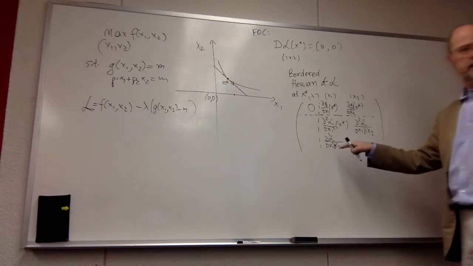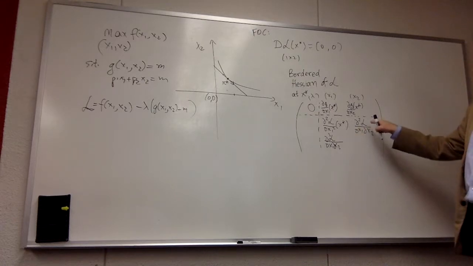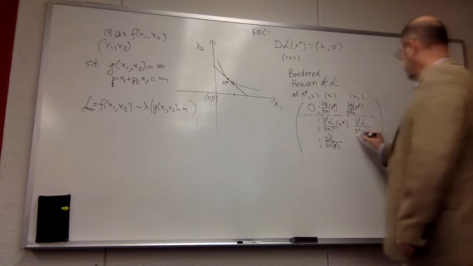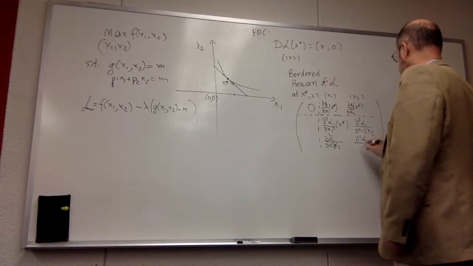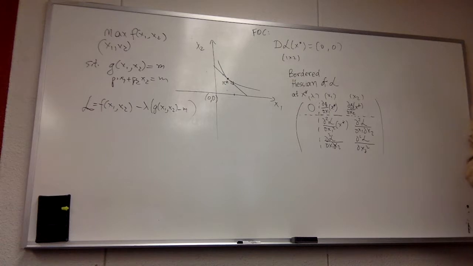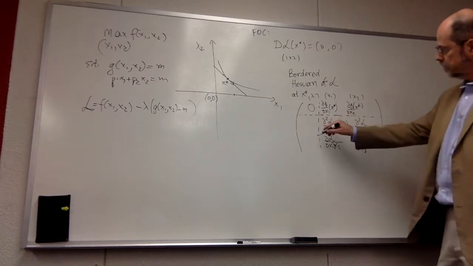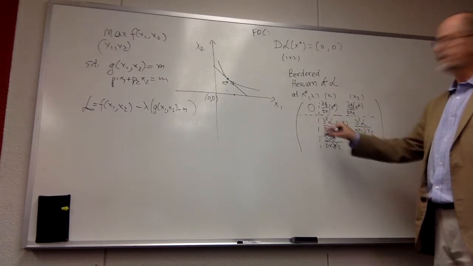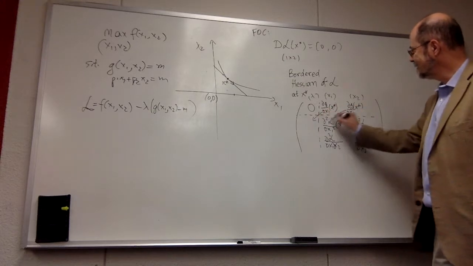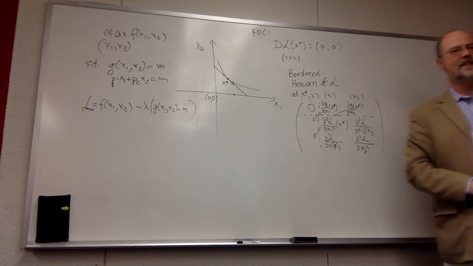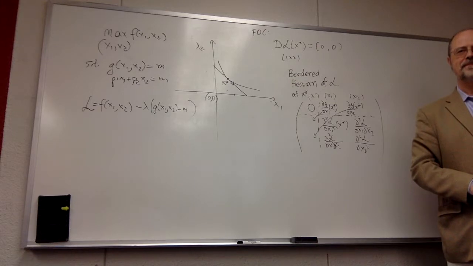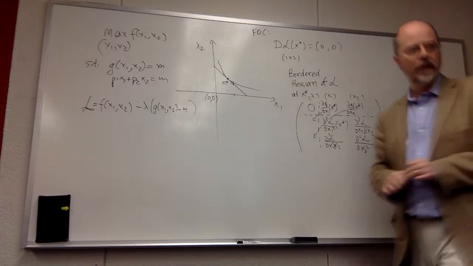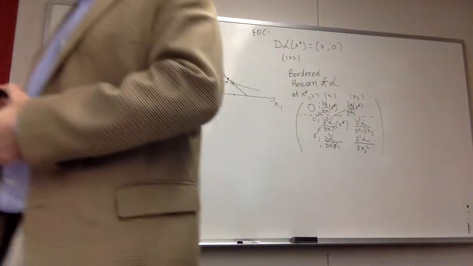Remember, the order doesn't matter here because this is equal to that. And this. All right? But I'm missing something. What am I going to put here? Well, that's very easy. Just put this here and put that there. Just copy it over. Now I have my bordered Hessian matrix.